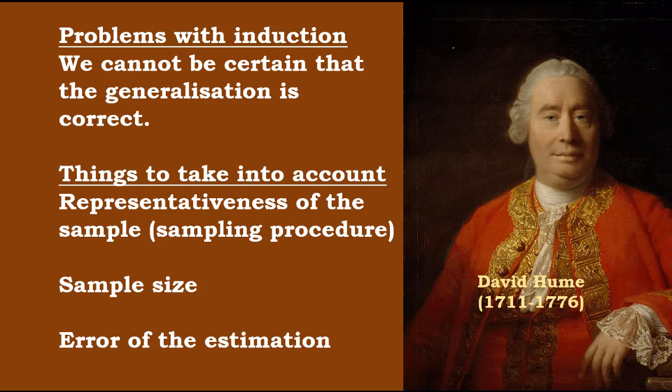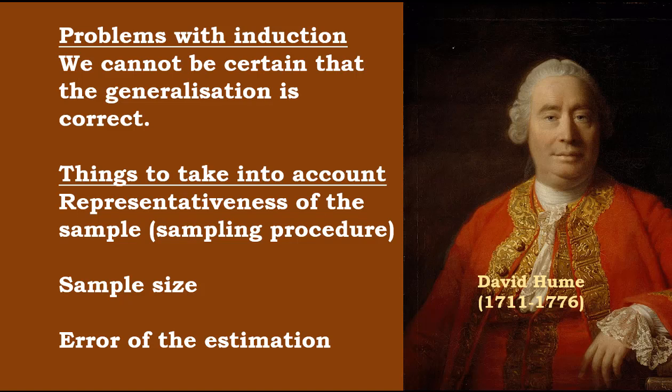Another thing to take into account is the size of the sample. If we obtain a sample of 1 or 2 cases and we want to make a generalization to a population, that generalization will not be a very good one.